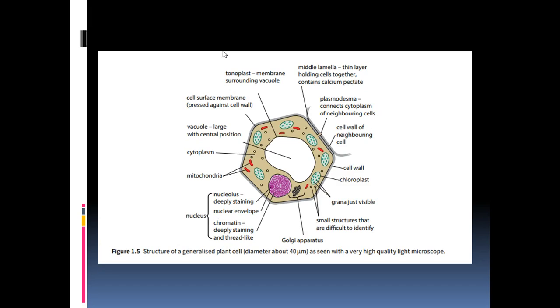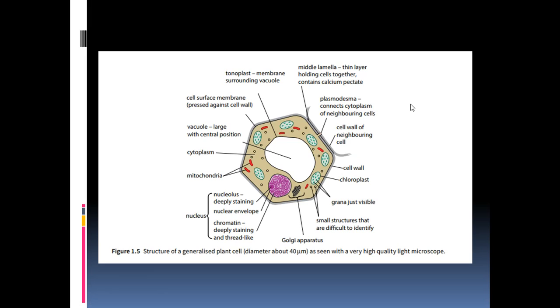And with the help of the microscope as well, scientists have managed to discover that there are a few differences in terms of structure in plant cells and animal cells. Right? I think you have learned this way back in grade 7, and you're going to learn this again in A levels.